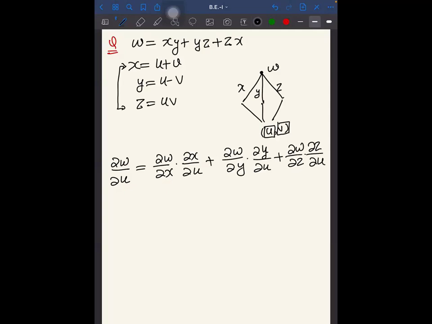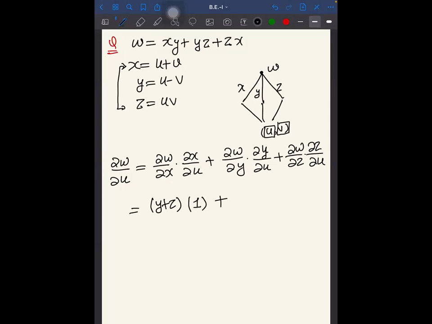So here you can again substitute the values. Curly w upon curly x, what would that be? y plus z, right? And what is curly x upon curly u? 1. Yes.